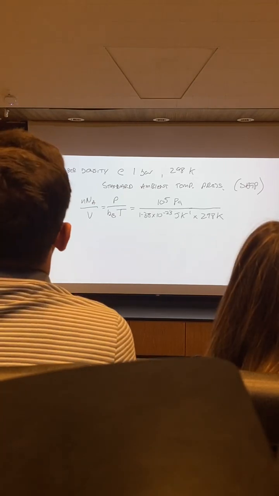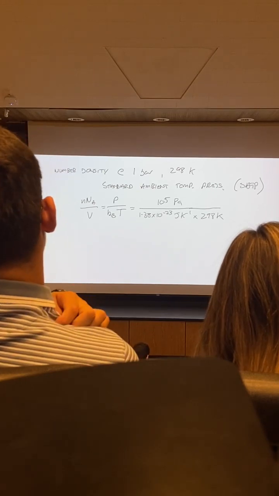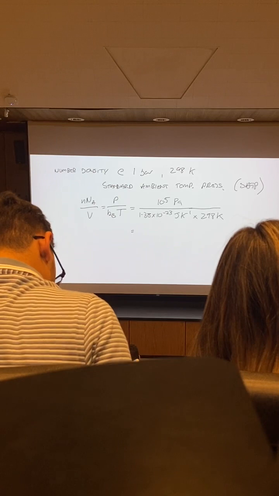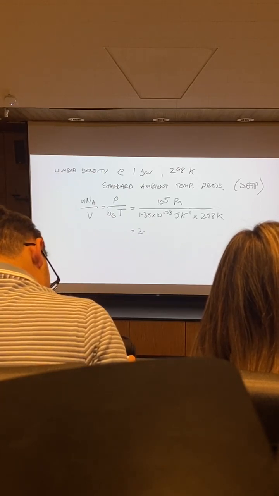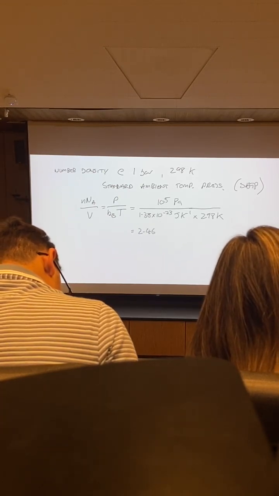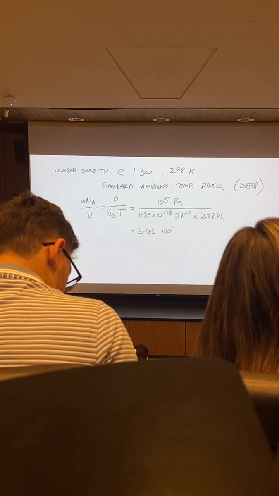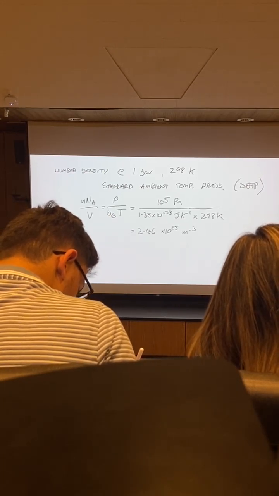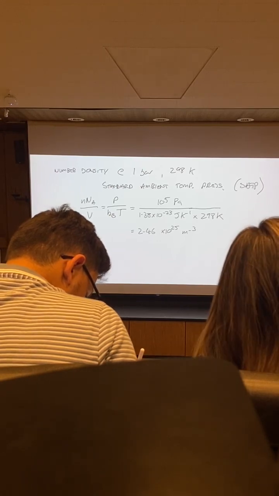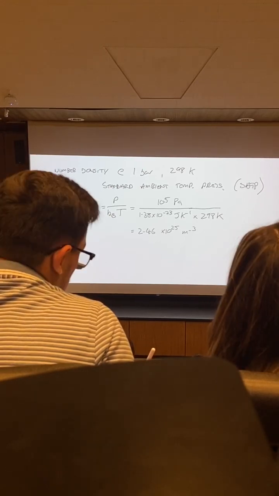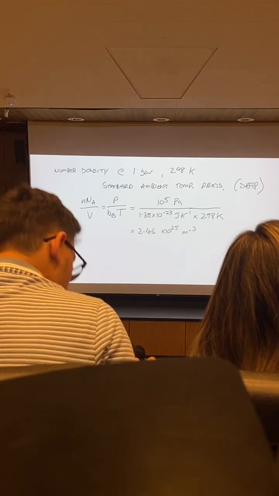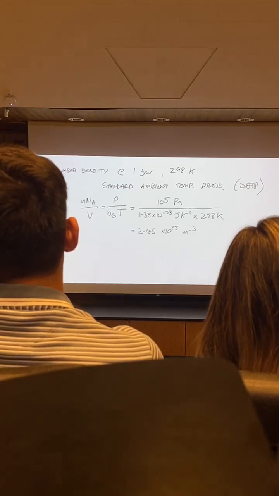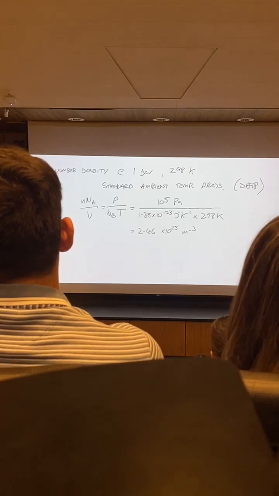All of the units are going to cancel out here and leave you with something in units of inverse volume. If you plug these numbers into your calculator, what you're going to find is that this is about 2.46, I think, times 10 to the 25 molecules per cubic meter, for N2, or any gas, air, even if you want, at 1 bar of pressure, which is about ambient pressure, and ambient temperature. So it's about 10 to the 25, right?